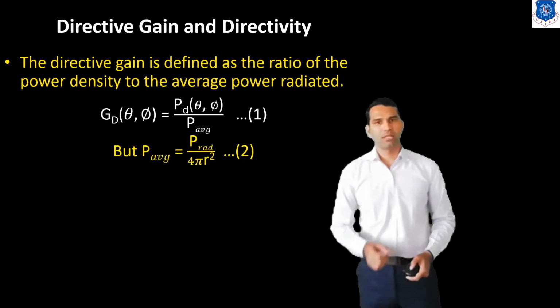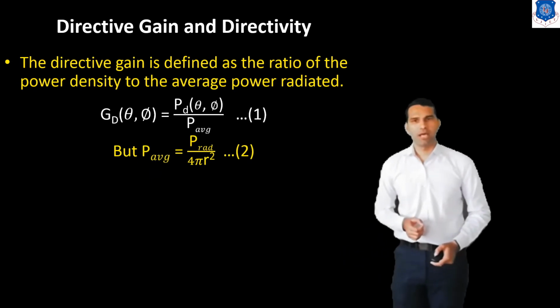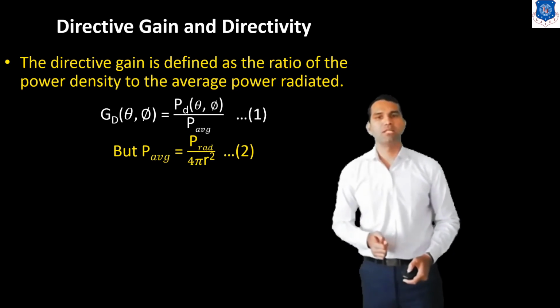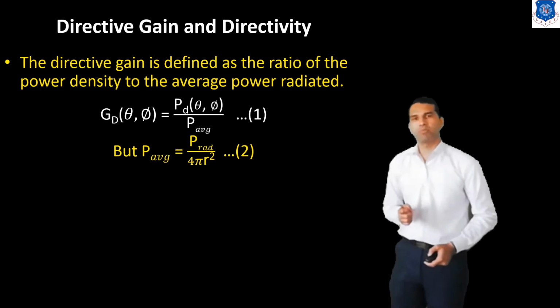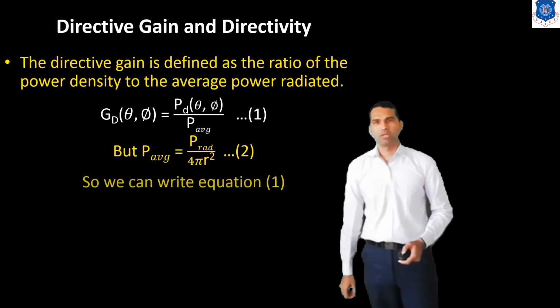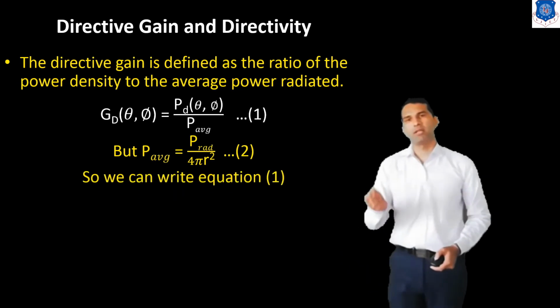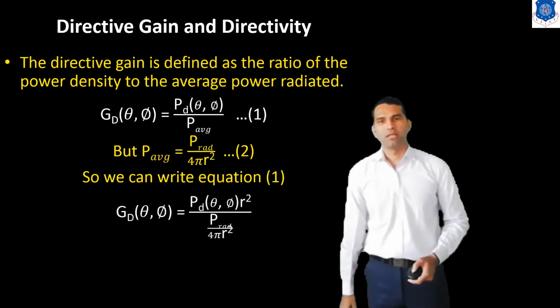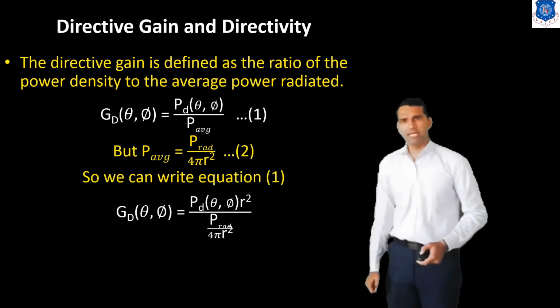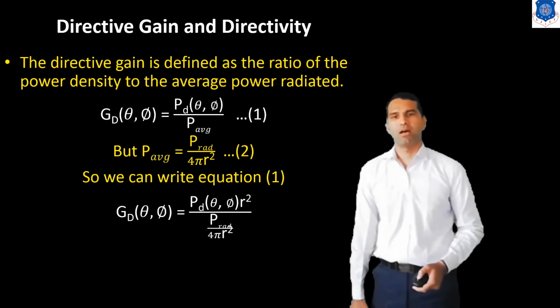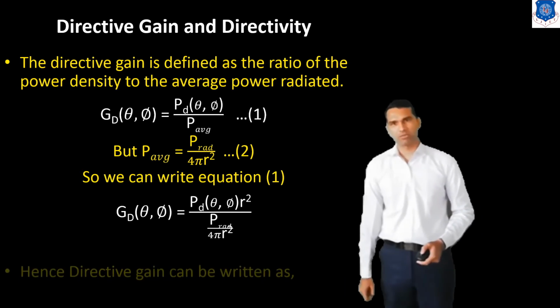But we know the relation between the average power and the radiated power: P_average equals P_radiate upon 4π r square. So now we substitute this value in equation number 1. We get G_D(θ,φ) equals P_D(θ,φ) r square upon P_average times 4π r square.